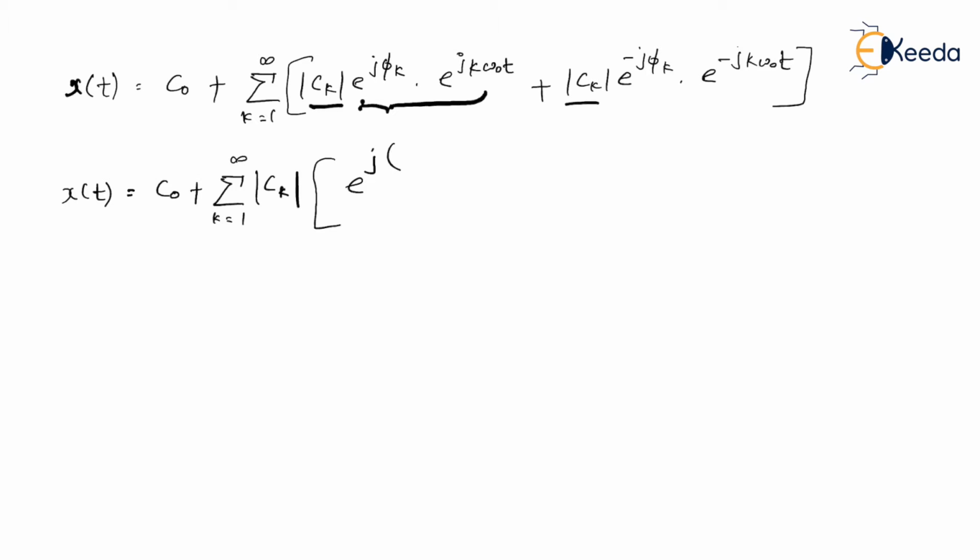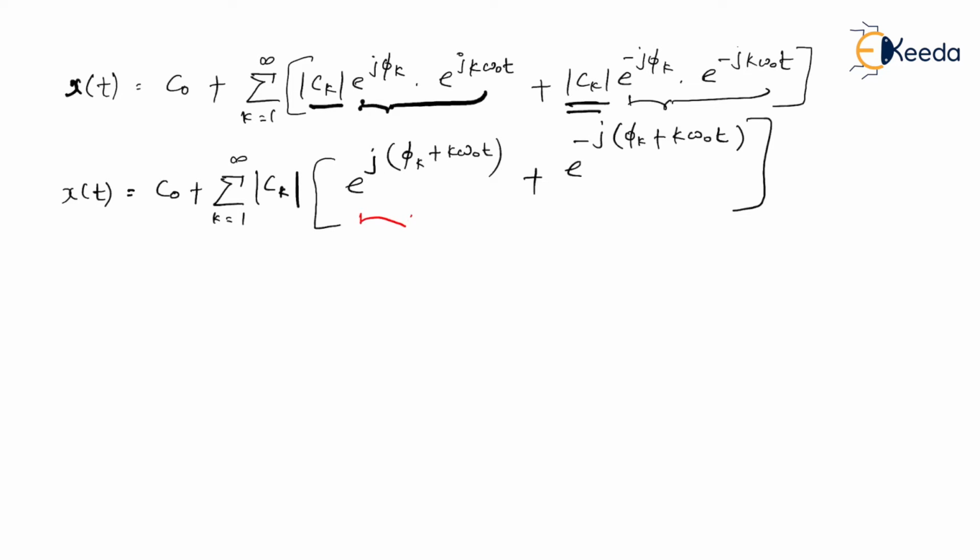E to the power j I can take common. By law of indices, I can add their powers together. It is phi k plus k omega naught t. Am I right? Plus this mod of ck has gone out. Again, I'll use law of indices over here, and I can write e to the power minus j phi k plus k omega naught t. Is that right?